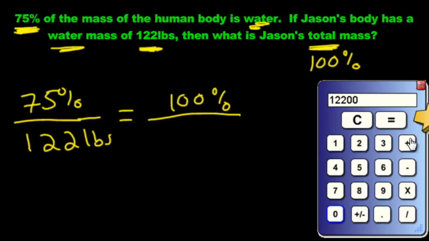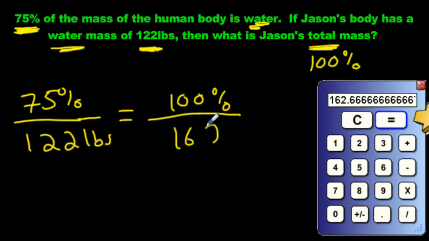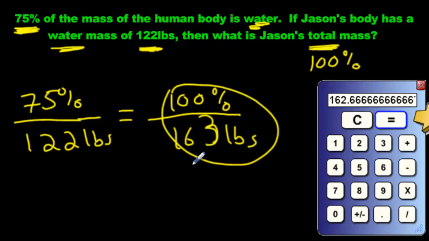We'll just have 2 more zeros and then divided by the leftover number, 75. And I get about 162. Let's just round to 163 pounds. That's for his total mass. So that's water and muscle and fat and all that stuff all together.